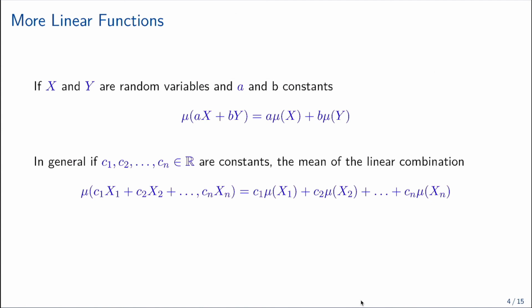More on linear functions. Well, if x and y are random variables and a and b two constants, the mean of ax plus by is equal to a multiplied by the mean of x plus b multiplied by the mean of y.